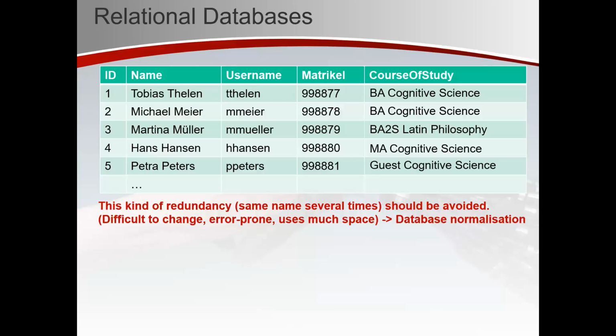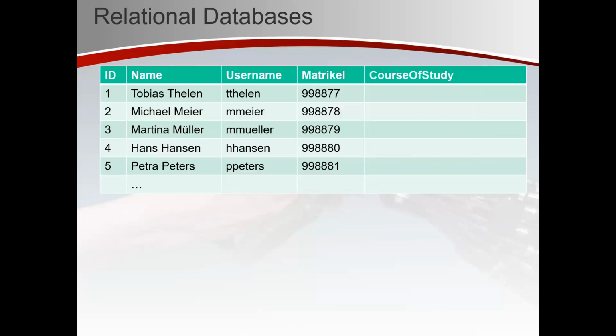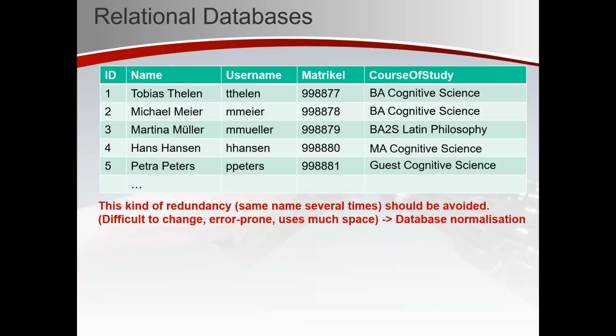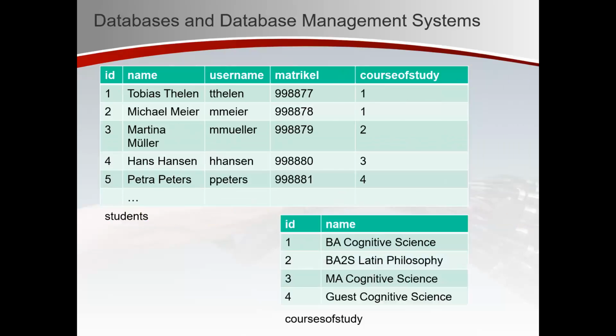And what one typically does is database normalization to remove such redundancies from the table representations. And this is done in the following way. We introduce a second table. The second table is called, for example, courses of study.